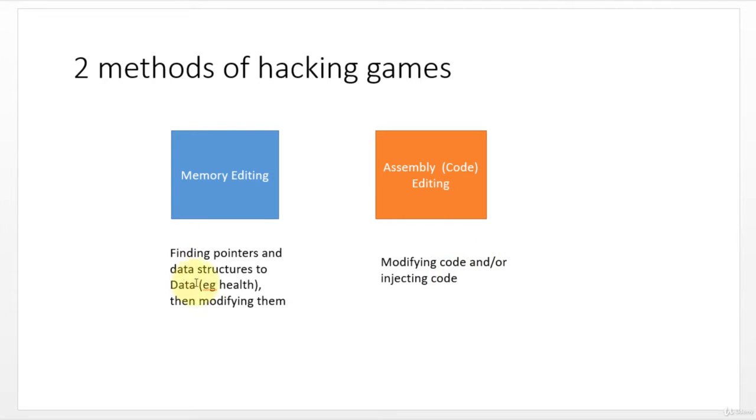This method is also used for cracking software. Some software is protected with packers. In those types of software, we cannot patch the files, so we can use this method, injecting code, to crack the software protection, or more accurately, to bypass the software protection.